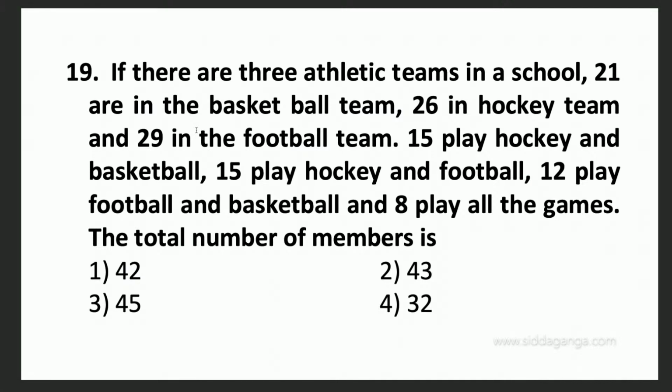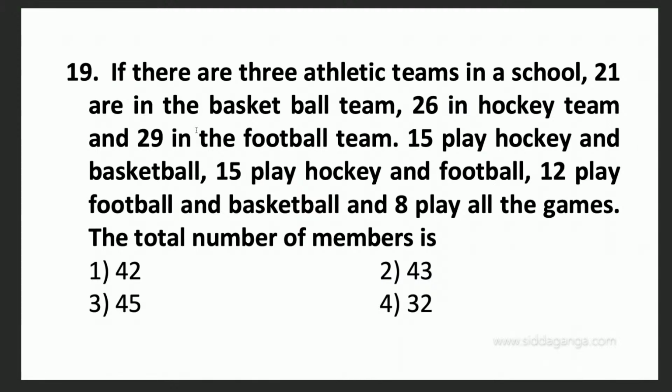15 play hockey and basketball. Hockey and basketball means B intersection H. N of B intersection H is 15. 15 play hockey and football, so N of H intersection F is 15. 12 play football and basketball, so N of F intersection B is 12.